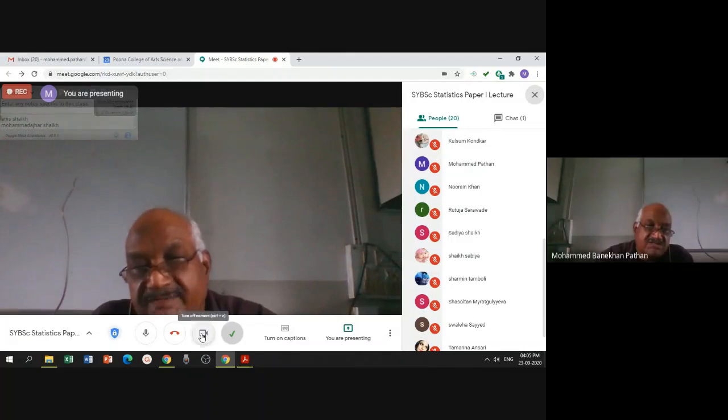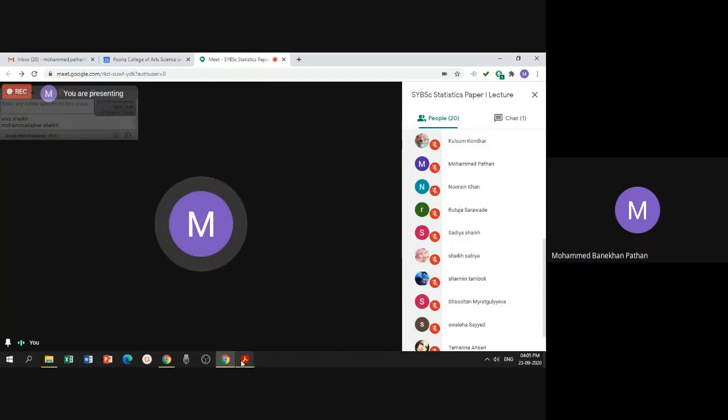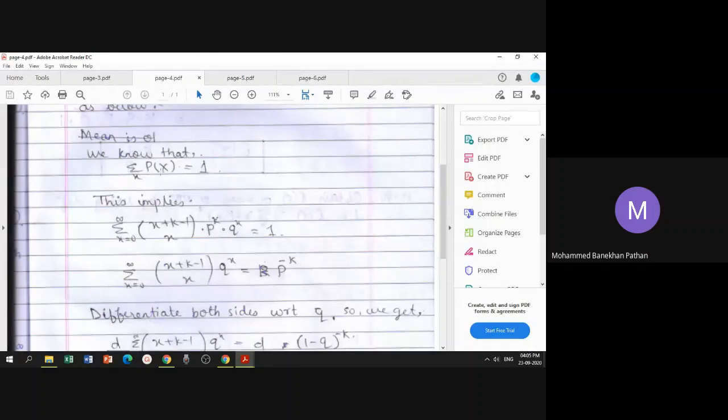That is the reason why we start with summation Px equal to 1. Px is the PMF, then by definition of PMF, total of Px should be 1. Everybody get me?